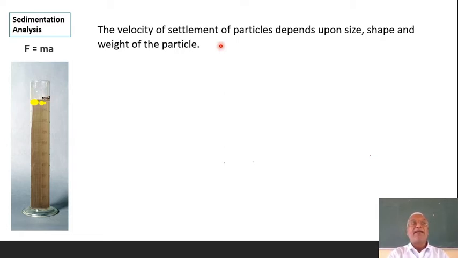They are flaky in nature, very flat, or they have a needle-like structure also. So when a particle settles, there are so many forces or factors which play a role. So the velocity of settlement of particles depends upon the size, shape and weight of the particle also. Means what is the specific weight or density of that material.